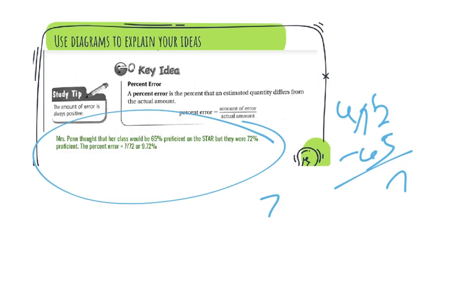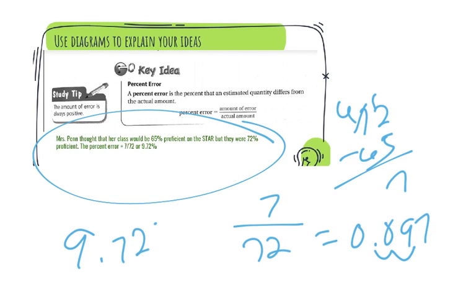So that's the amount of the error over the actual amount, 72. So if I pop 7 divided by 72 in my calculator, I get 0.097, so it's 1, 2. That would be a 9.72% error.